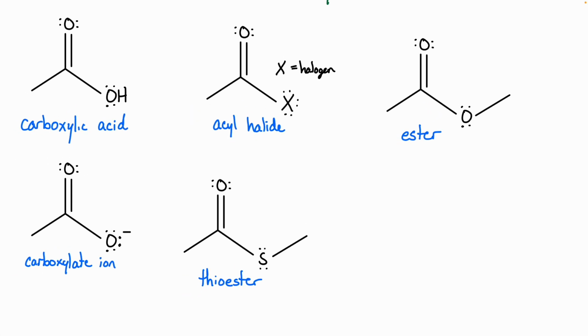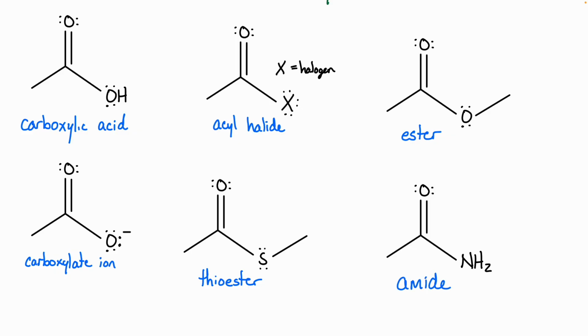If we take our carboxylic acid and replace that hydroxyl group with a nitrogen, we get an amide. Not an amine, which is when we don't have our carbon-oxygen double bond, our carbonyl.